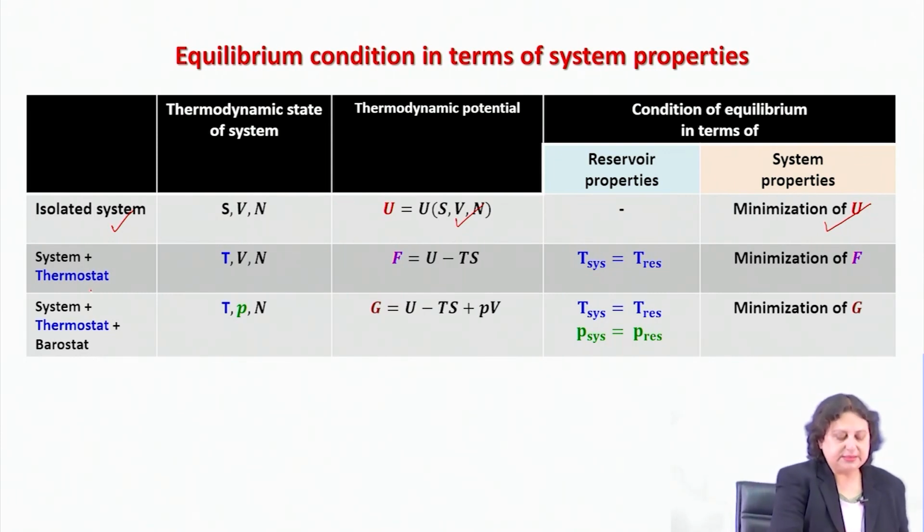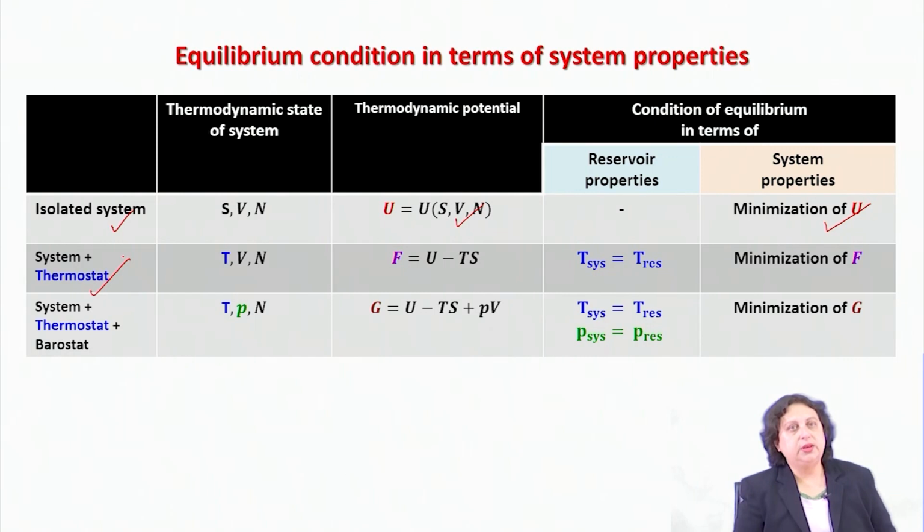If I have a system in thermal equilibrium with a thermostat, there are two ways in which I can define the condition of equilibrium. First, in terms of the reservoir properties, and second, in terms of the system properties. You might ask me, why did I leave this place a blank?